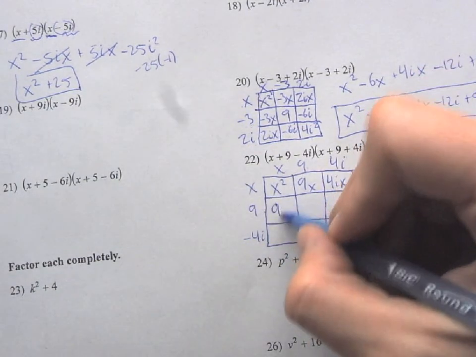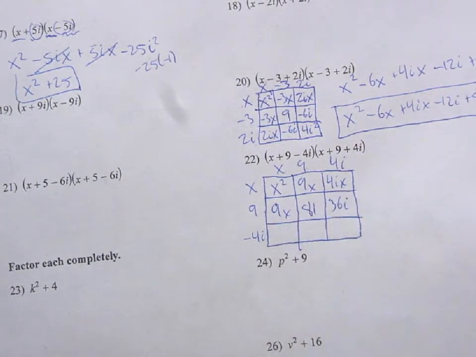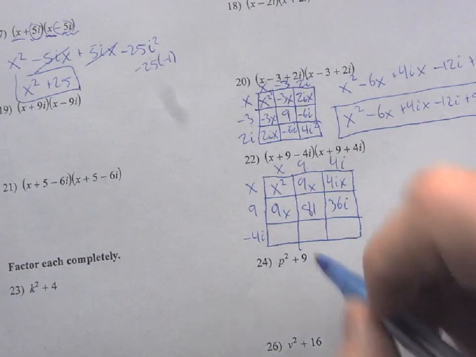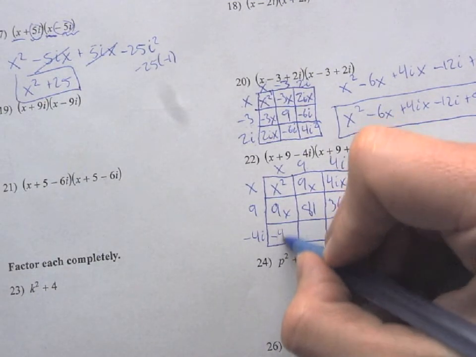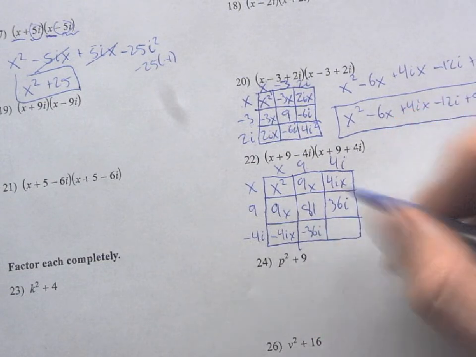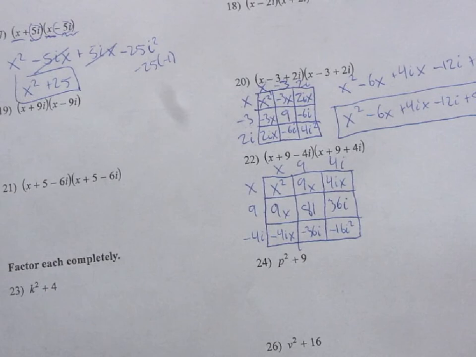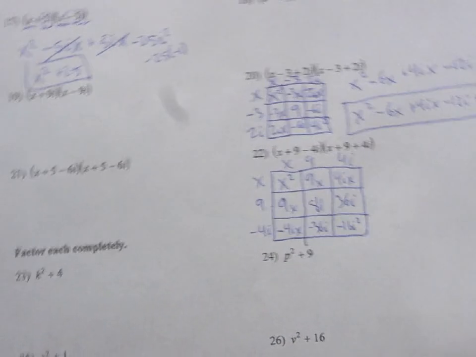Then I got a 9x, an 81, and then a 36i. Down here in the bottom, I got a negative 4ix, I got a negative 36i, and then I got a negative 16i squared.